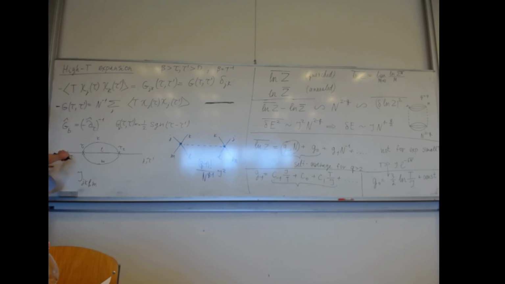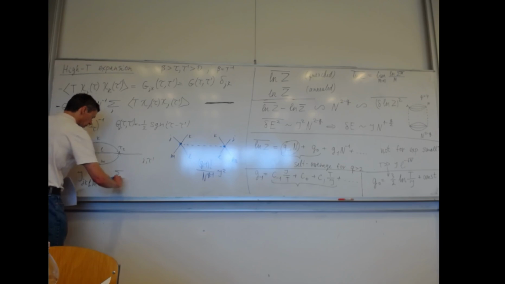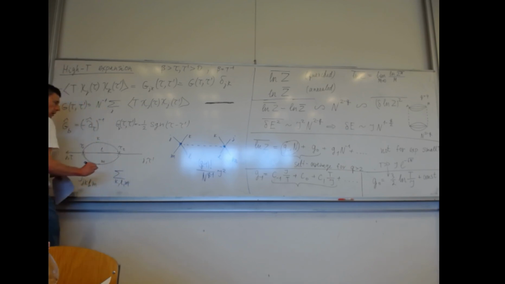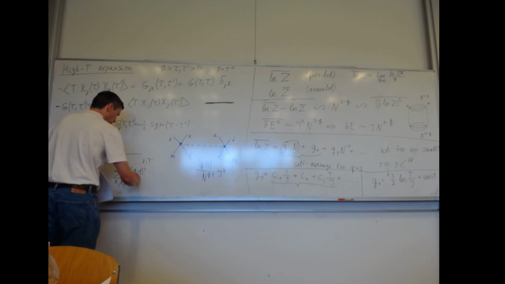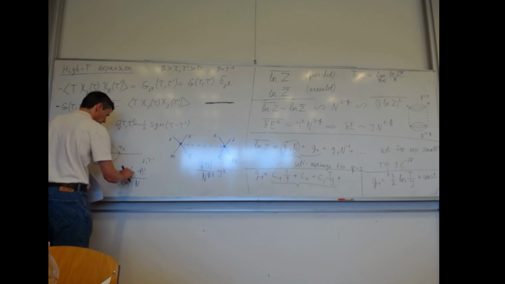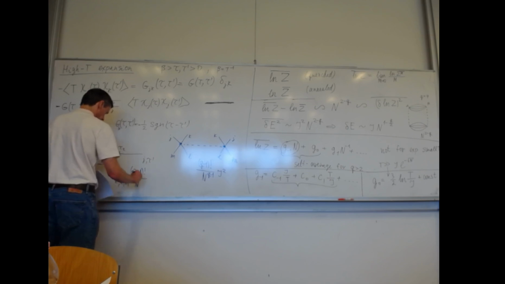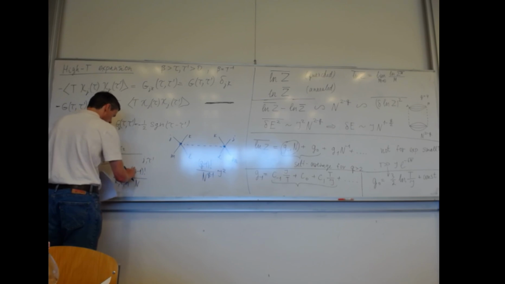Now, in this case, we have to sum over our internal indices. So we have to sum over K, L, M. There is this factor (q minus 1) factorial divided by n cubed, let's say q equals 3. Q equals 4, sorry.